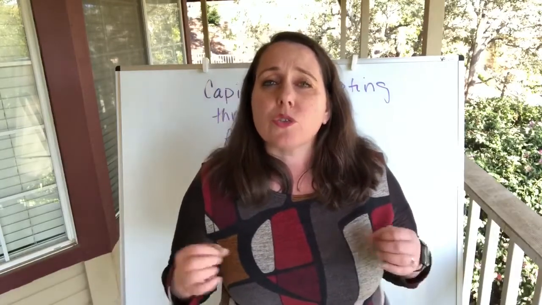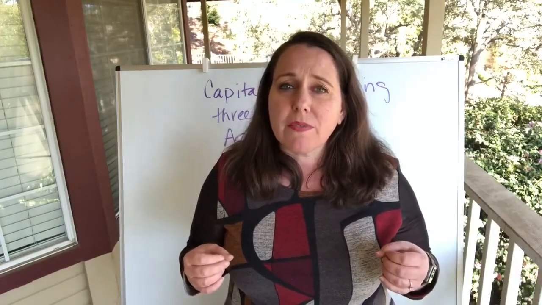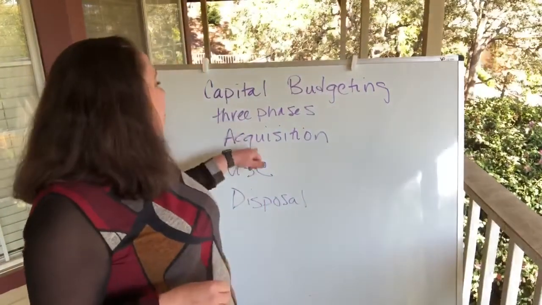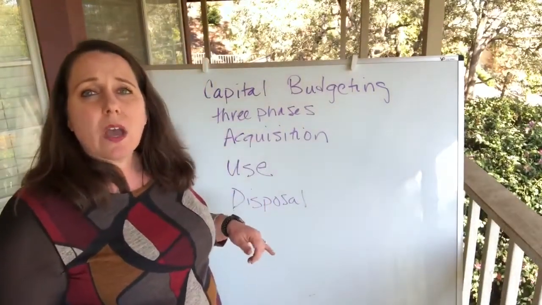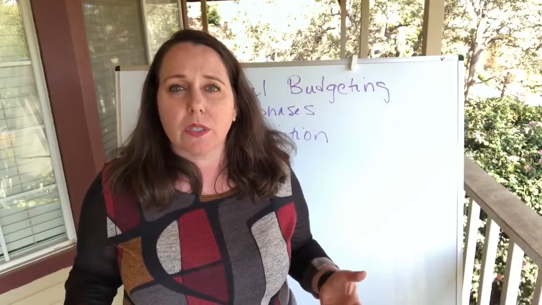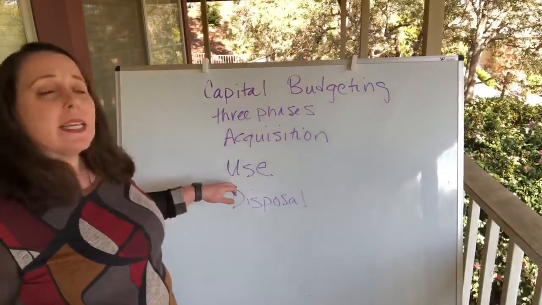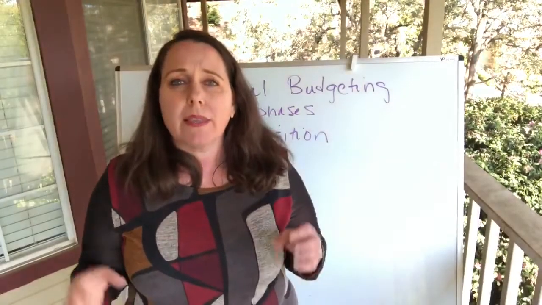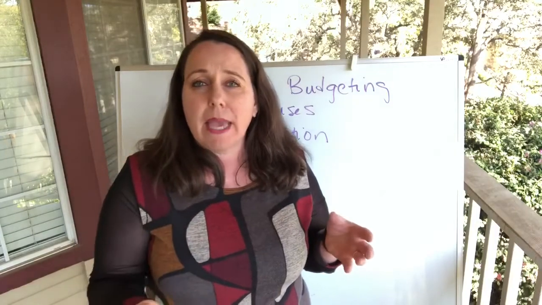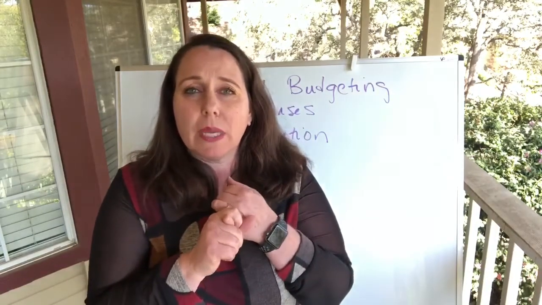Okay, so there's three different parts of the investment opportunity we need to take into consideration. The first is the acquisition phase. What's it going to cost us? What's it going to cost us to buy a new vehicle or to build a new plant? The second is the use. And this is where we figure out, by making this investment, how much more money are we going to make?